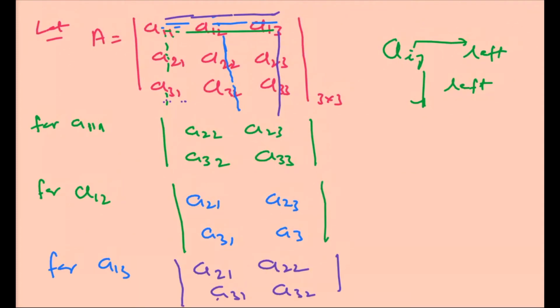It depends on the number of elements in the determinant. In this example of 3 by 3 we are getting 9 members. So how many minors can we find out? We can find out 9 minors, right?